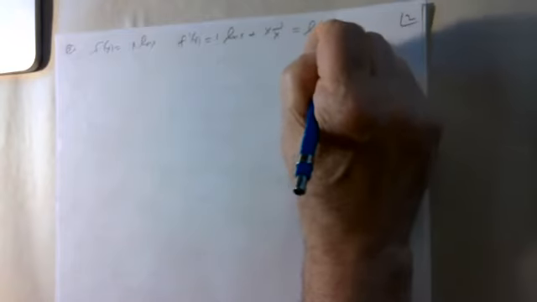Problem 3 is to compute the second derivative of the function f of x equals x log x. The first derivative by the product rule is the derivative of x, which is 1, times log x, plus x times the derivative of log x, which is 1 over x. So this is log x plus 1.